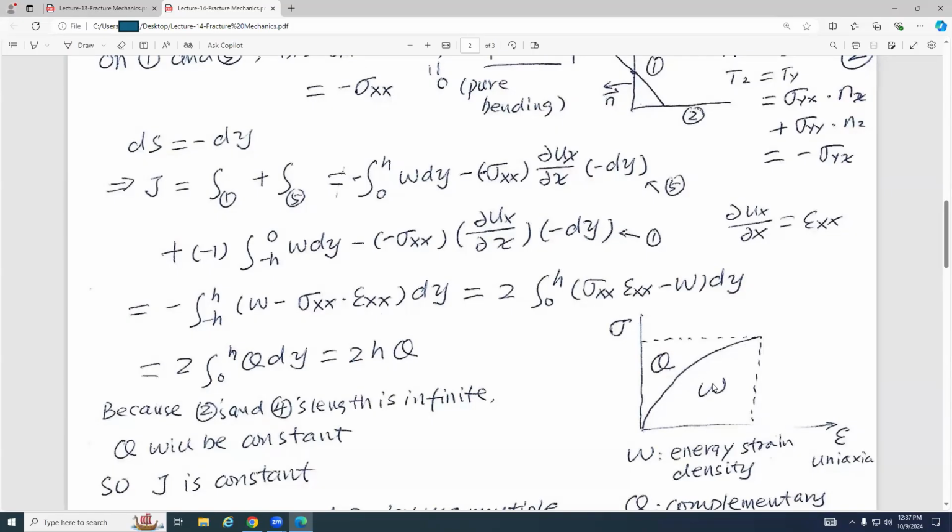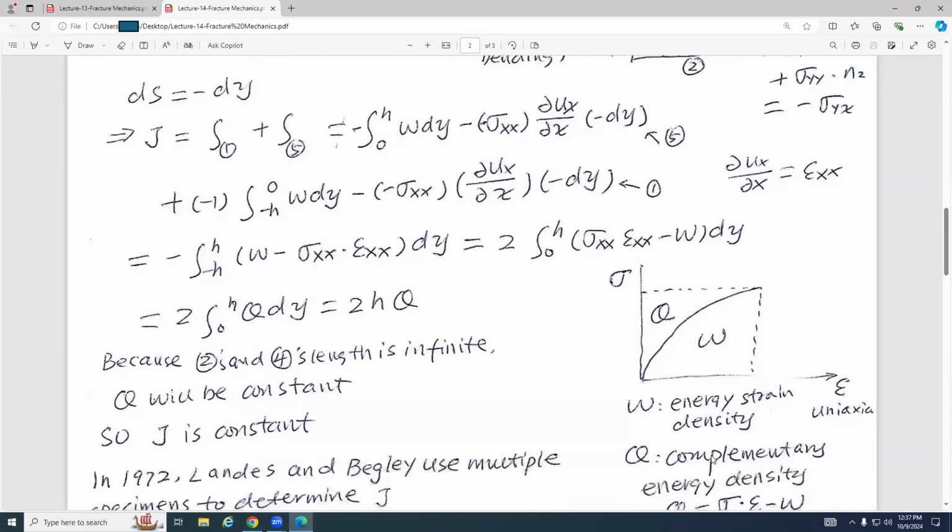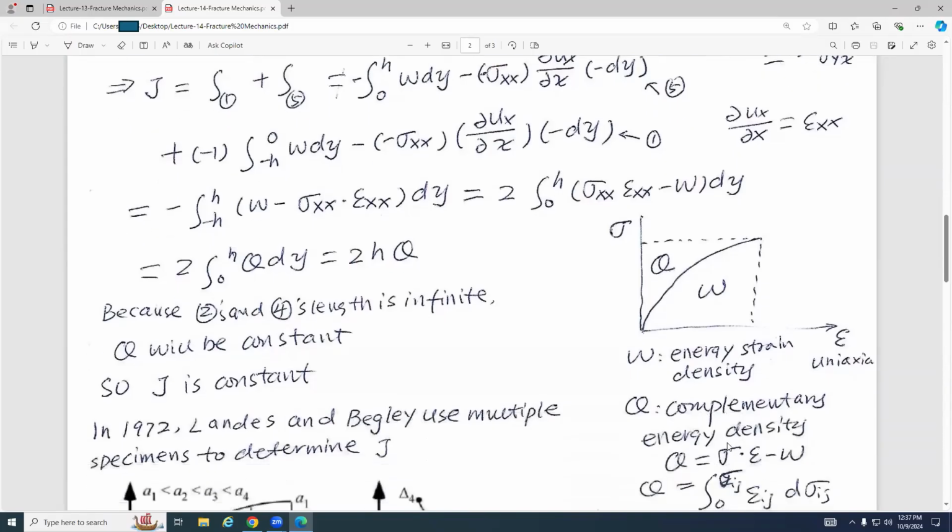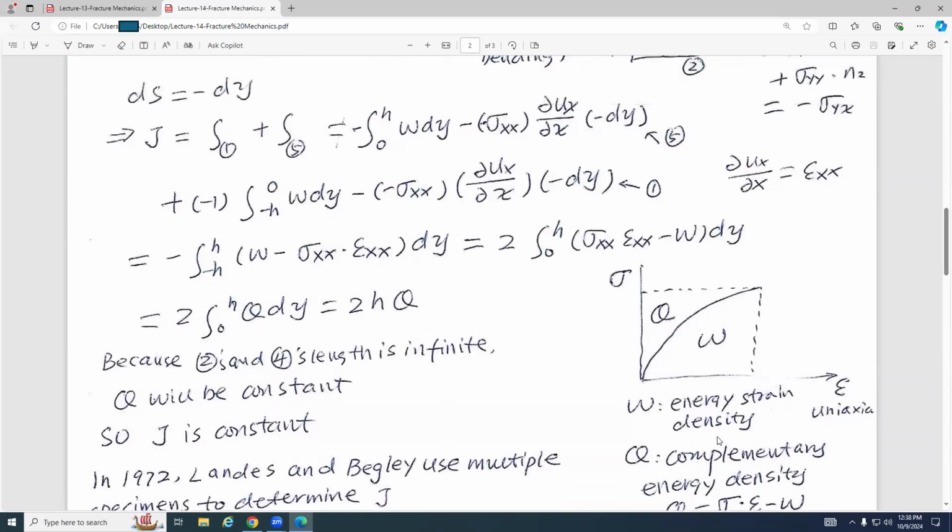Underneath the curve is omega, strain energy density. Above this curve, Q is called complementary energy density. If you have not taken CAE with me, please write this down, guys.